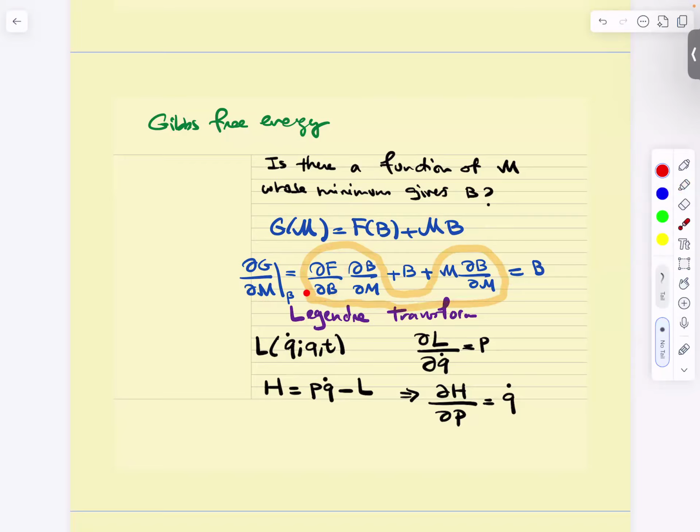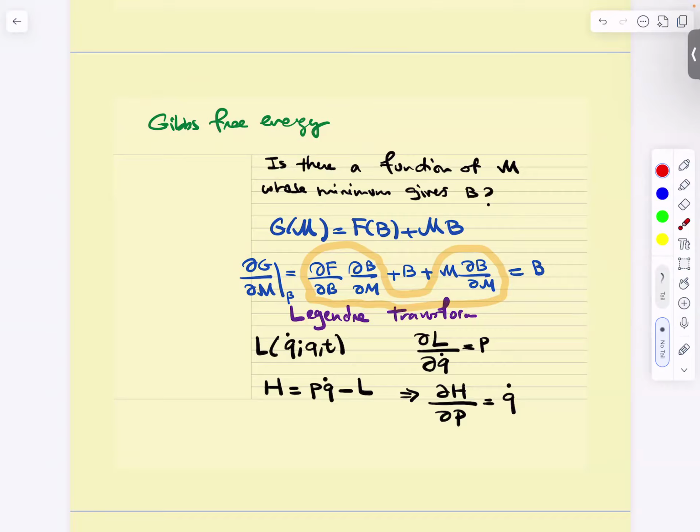Because del F del B is minus M. So what did we construct? We constructed the Gibbs free energy. Helmholtz free energy is a function of the source, right? Gibbs free energy is a function of magnetization.